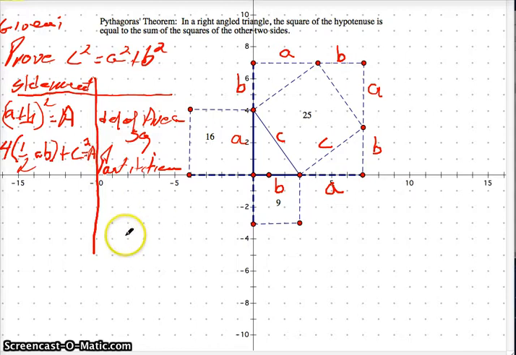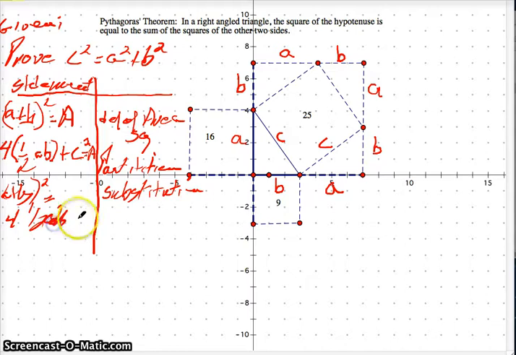Since I know that A equals A, by substitution, A plus B squared is going to equal 4 times 1/2 AB plus C squared.